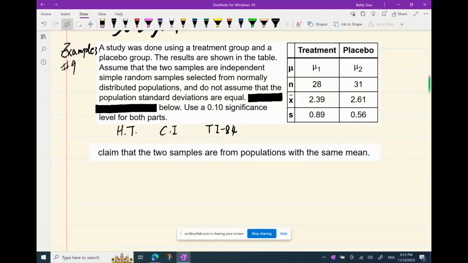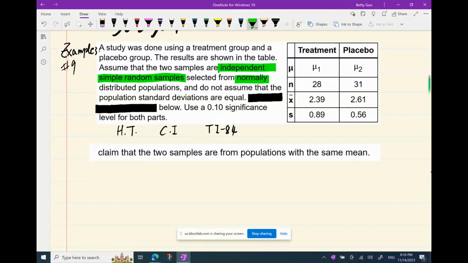Example 3: a study was done using a treatment group and a placebo group. The results are shown in the table. The treatment group is population 1, sample 1, and the placebo group is sample 2. Assume the two samples are independent. Simple random sample, very good.